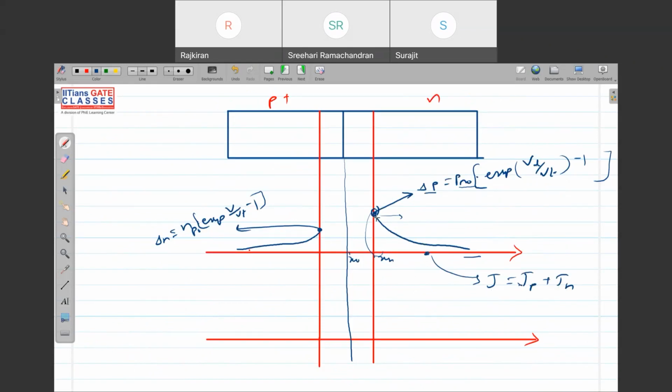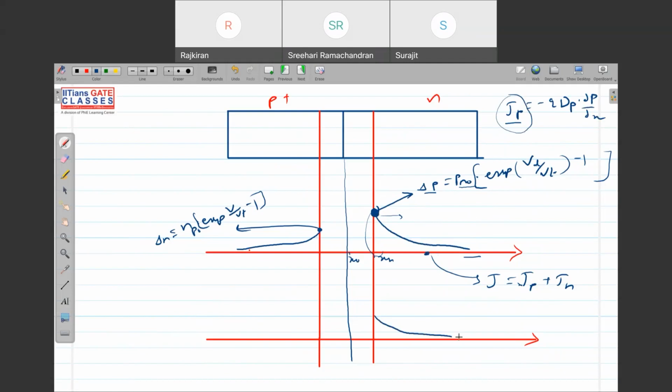If you want to find the current due to holes at this point, what do you have to do? Jp is equal to minus q Dp d(del p) by dx. Since del p is exponential, if I plot the diffusion current due to holes, it also will be exponential.